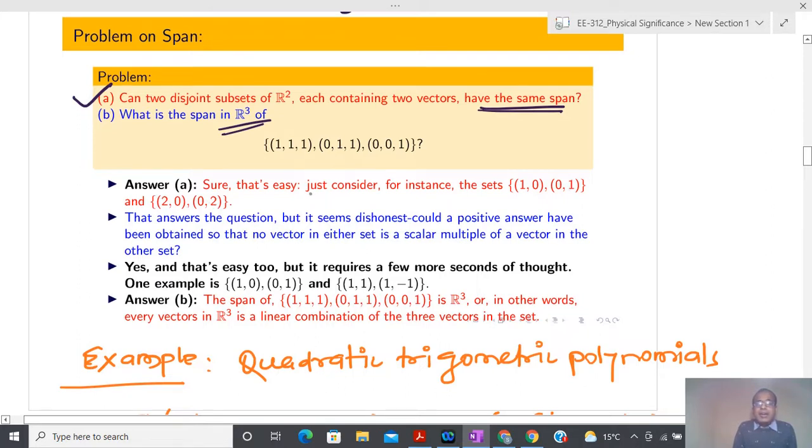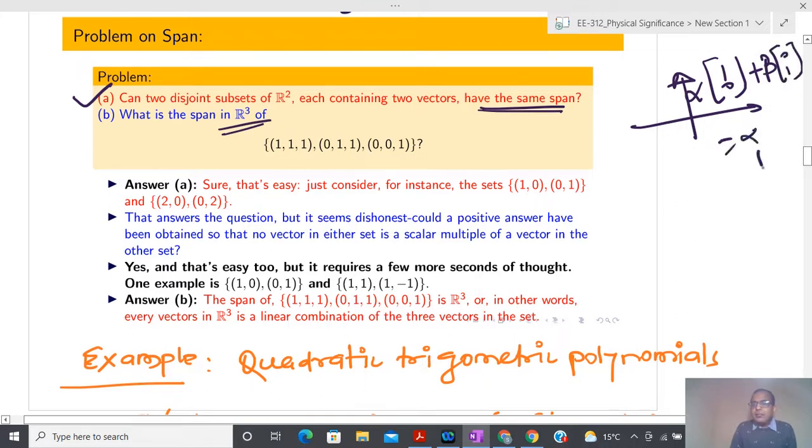Here you can see that to represent any point, you can define a linear combination with alpha and beta. So you are able to represent any point inside this space using alpha and beta.